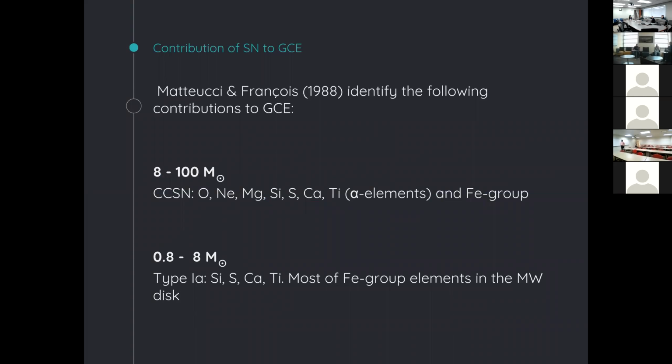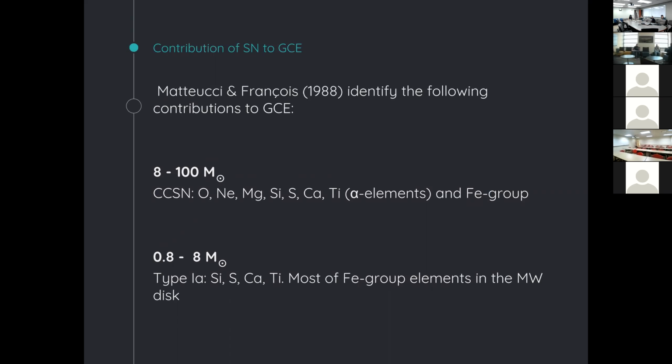Supernova can contribute across a wide mass range, so 0.8 to 8 solar masses. Type 1a does not go all the way up to 8 solar masses, and you run into electron capture supernova just before, but the upper boundary of that is somewhat uncertain.